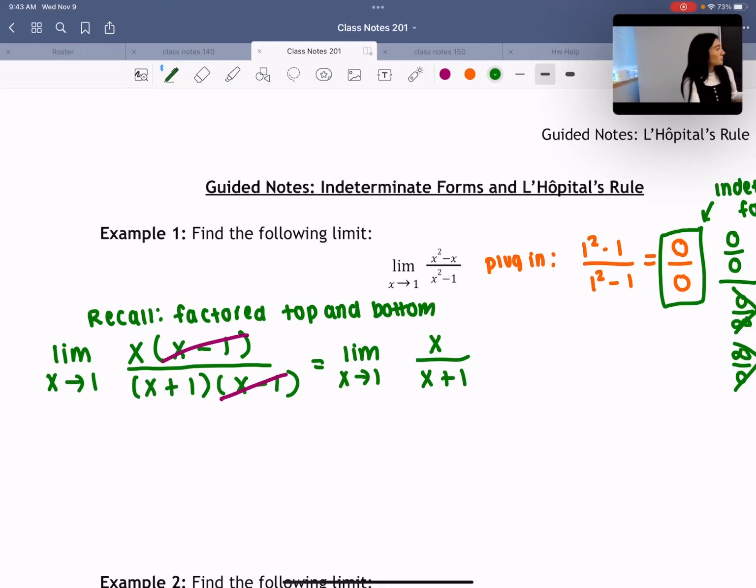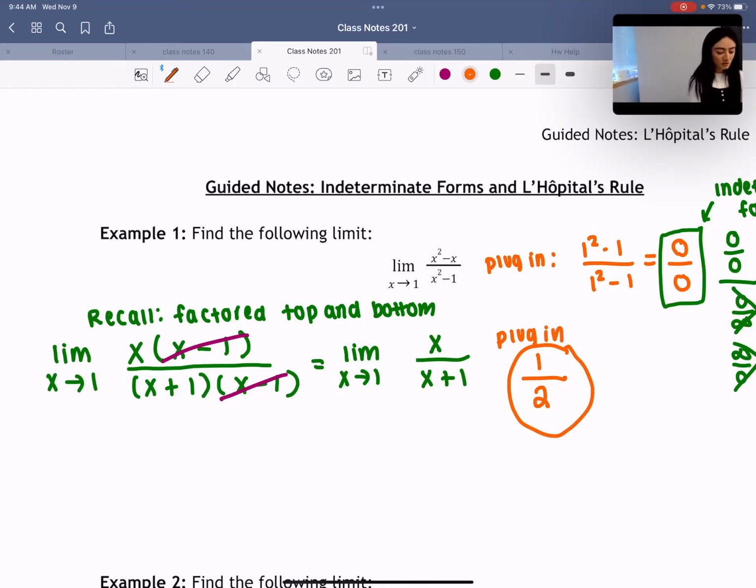We can try plugging in again, right? So plugging in, looks like we have 1 over 1 plus 1, which is 2. And because that's not an indeterminate form, so it's not 0 over 0 or infinity, this is actually our answer. So even though when we first plugged it in, we got 0 over 0, the answer is 1/2.